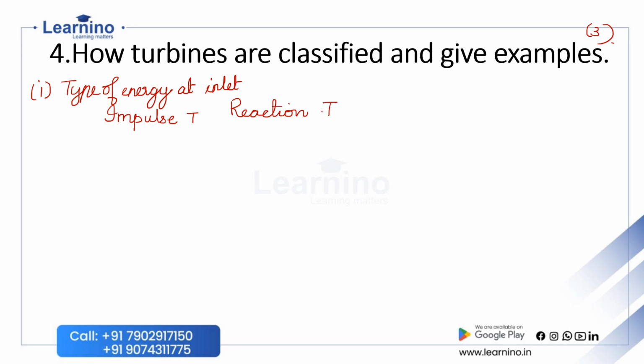Okay, I'm just writing T. Impulse turbine and reaction turbine. An example of impulse turbine is Pelton wheel turbine. And for reaction turbine, the examples are Francis turbine and Kaplan turbine.